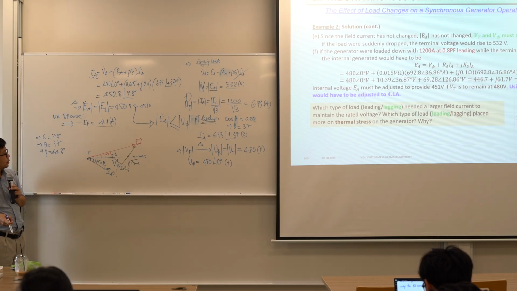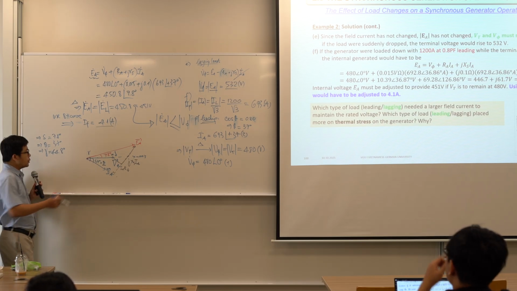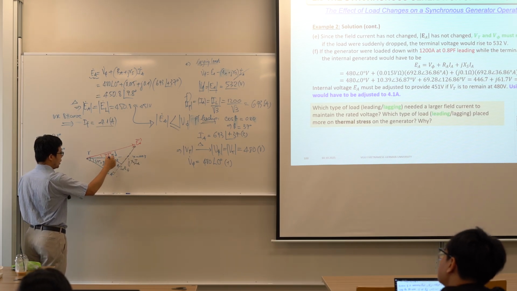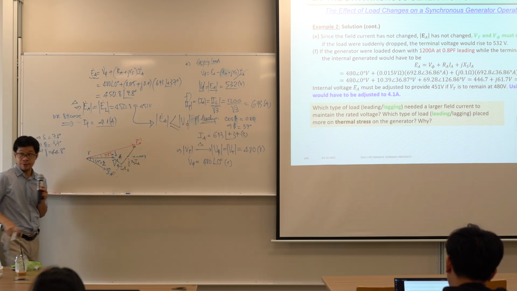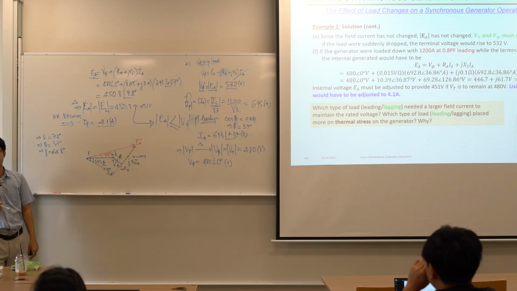I'm a bit confused. Isn't the current of the armature leading? If it's leading, should it turn counterclockwise upwards? This one we can use 37, but that means we stay here and then we move to IA. But when we calculate the phase angle difference between EA and IA, we don't need to consider plus or minus.